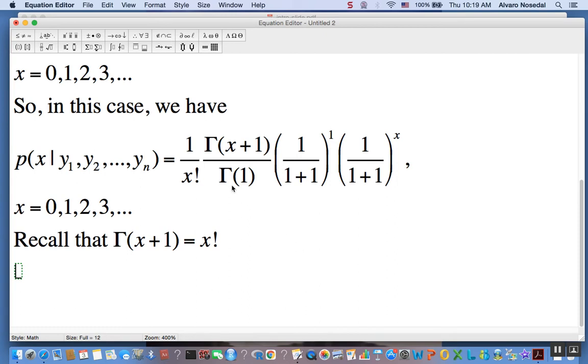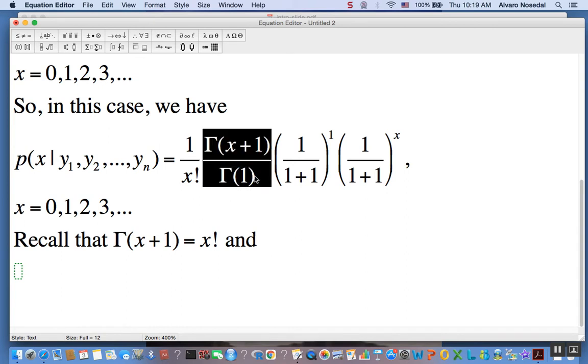And for instance, gamma evaluated at 1 is going to be the same as 0 factorial, right? And 0 factorial is just 1, right? Okay.